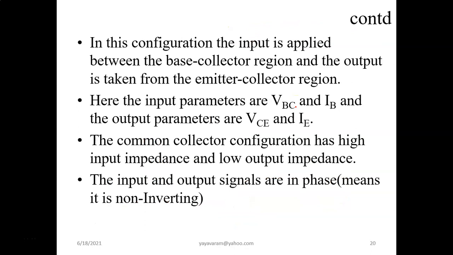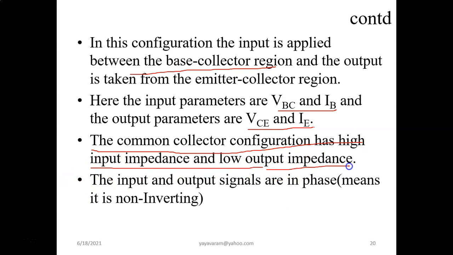Then what are the other important properties and features? In this configuration, as I've already told you, input is applied between base and collector, with VCE, IE and VBC, IB. But the most important thing is that the common collector configuration has very high input impedance and low output impedance.